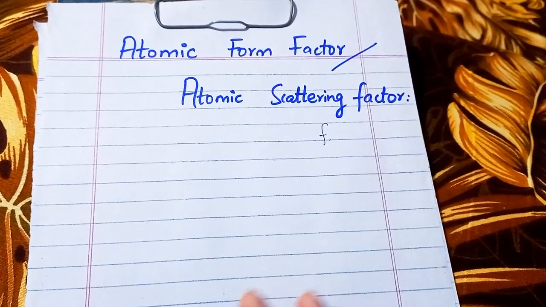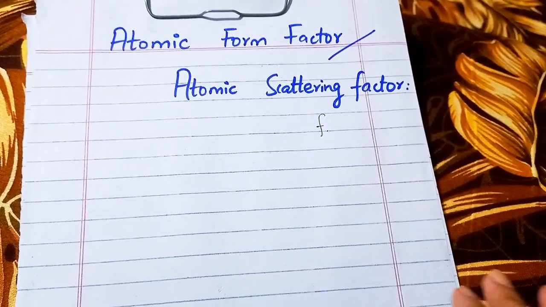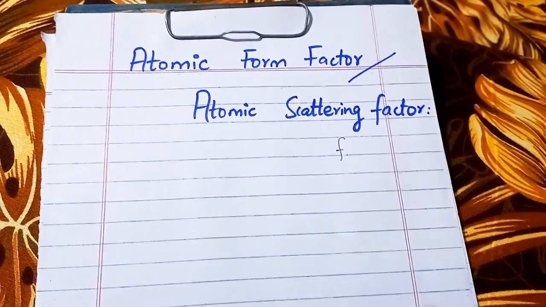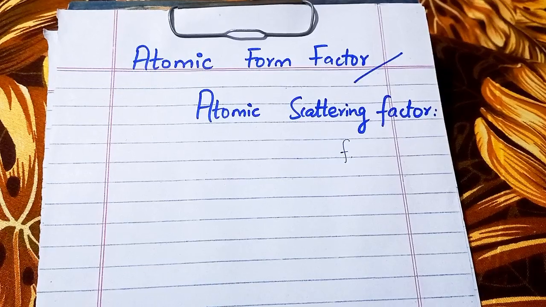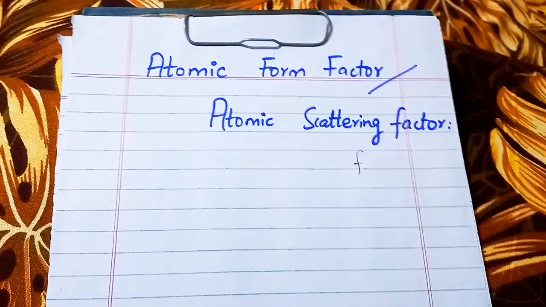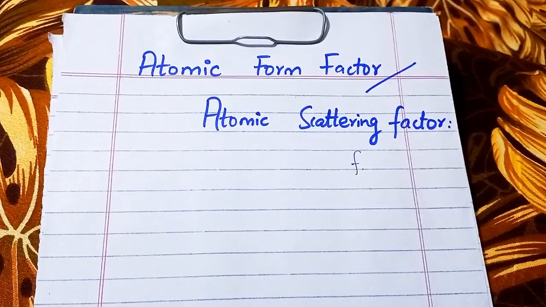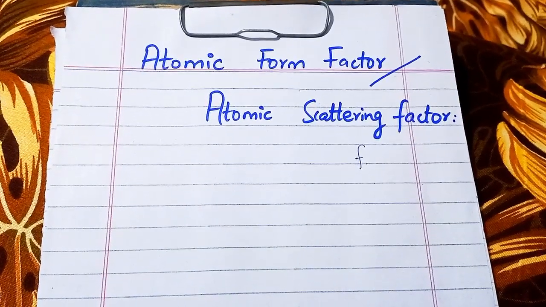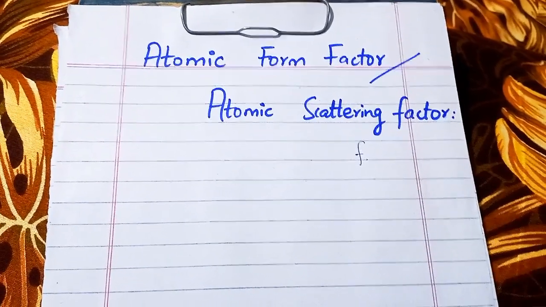As we are linking this concept to X-ray diffraction process, we are here from the crystal theory, so we want to learn this concept for finding out the scattering amplitude or geometrical structure factor, or simply structure factor, whatever name you prefer.